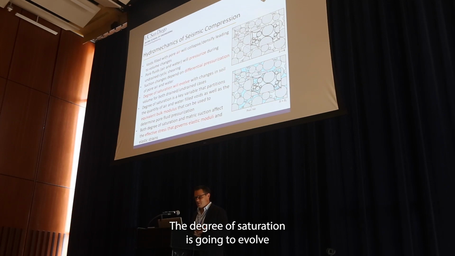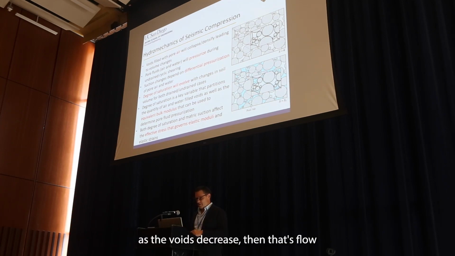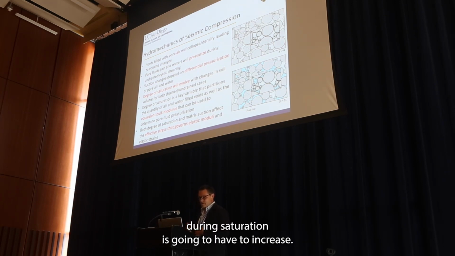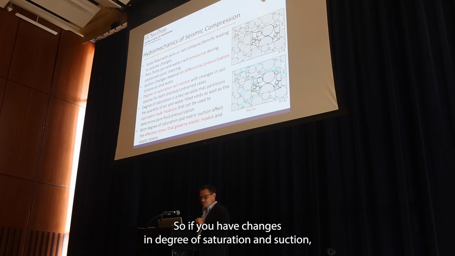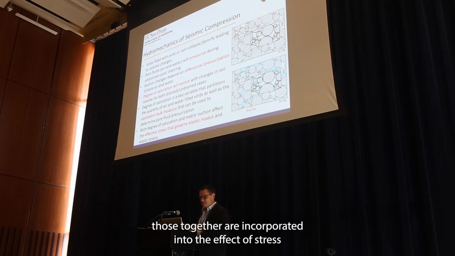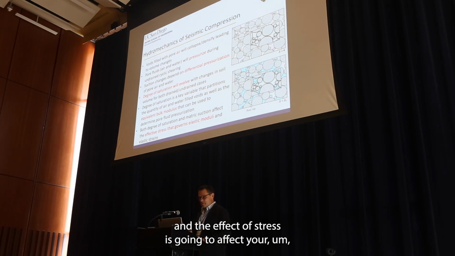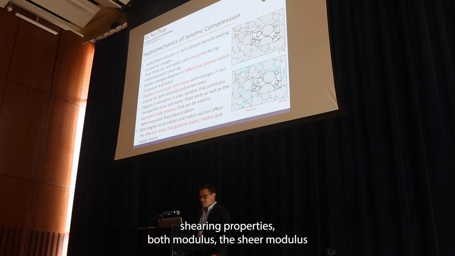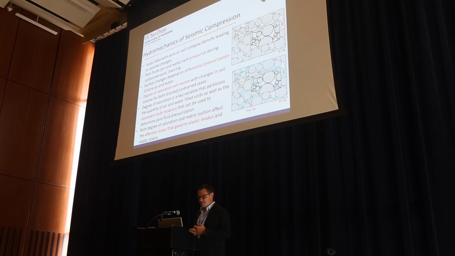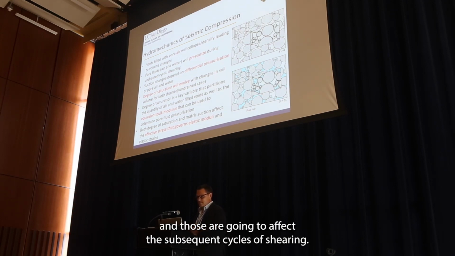The degree of saturation is going to evolve. As the voids decrease, the degree of saturation is going to have to increase. So if you have changes in degree of saturation and suction, those together are incorporated into the effective stress. And the effective stress is going to affect your shearing properties, like the bulk modulus and the shear modulus, and those are going to affect the subsequent cycles of shearing.